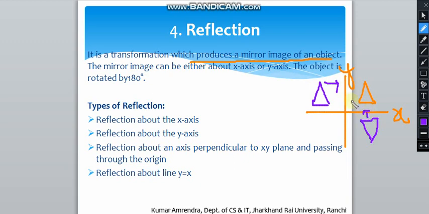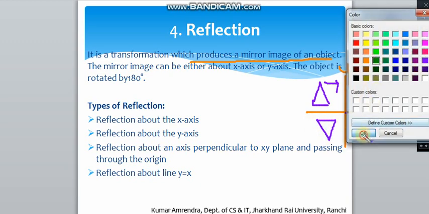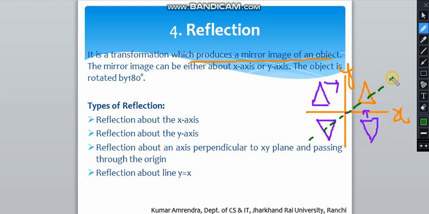And we can also say that any object can be reflected about the center, the origin. Or if there is the line x equal to y, or y equal to x, you can say either of the two, then we can also reflect along the line y equal to x, such as if this is an image, then what will be the reflection of it? The reflection will be like this, it is reflected along this line. So these are all the types of reflection.